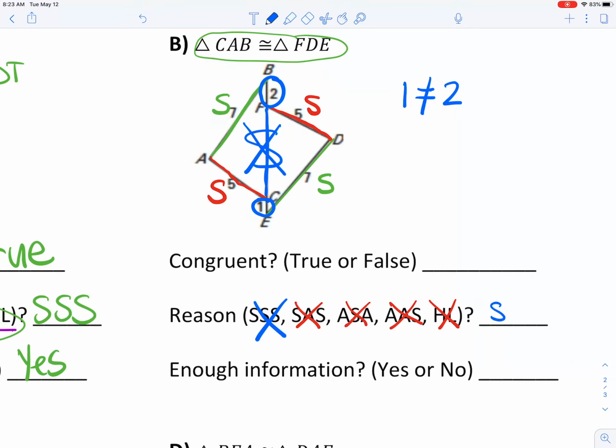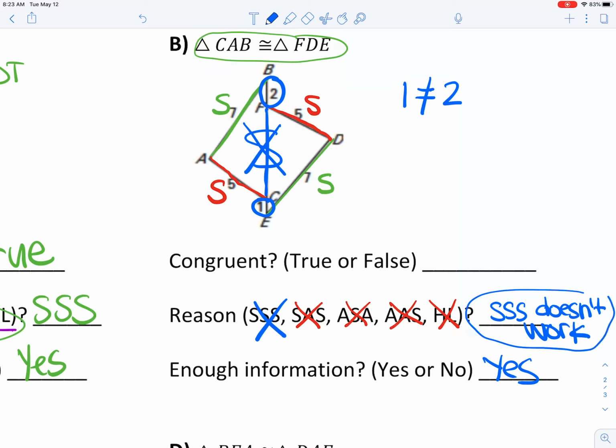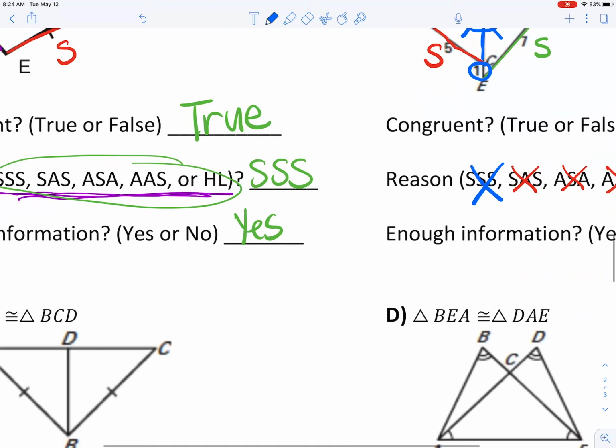So that means side, side, side does not work. Okay, so if I wanted to write the reasoning here, side, side, side doesn't work. So that tells me right there, that was enough information because I could tell that it was not true by side, side, side. So that means that this is a false statement.